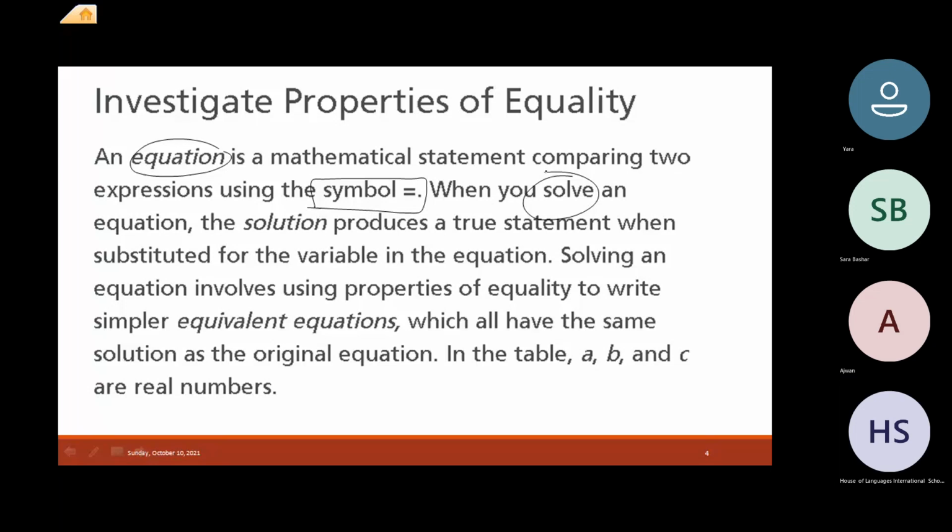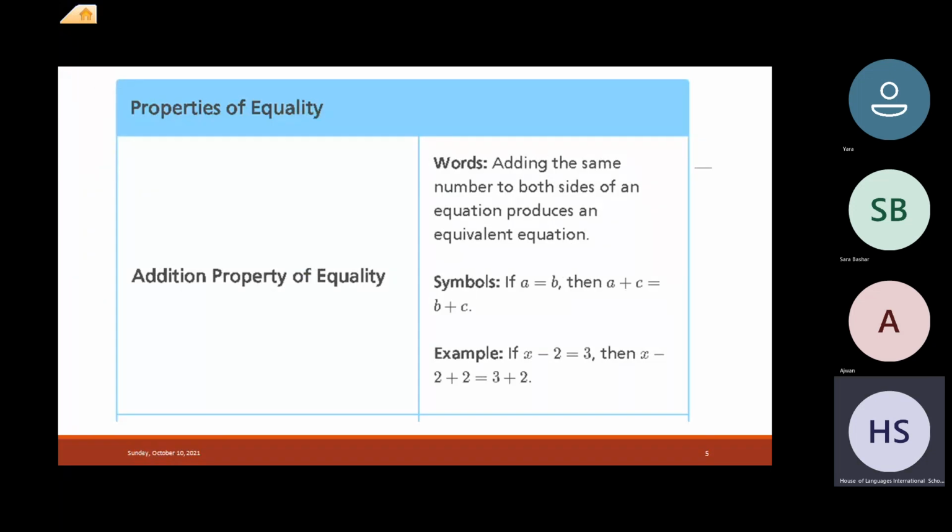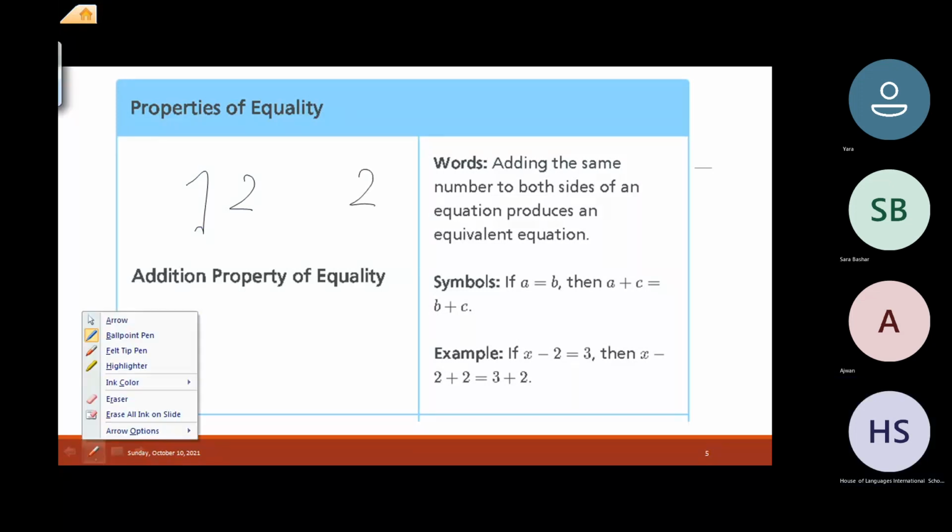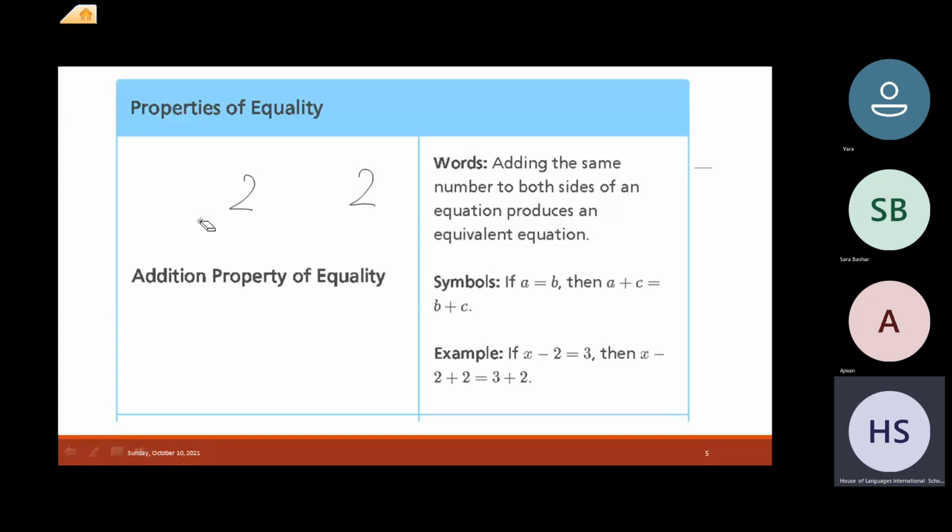Now, let's start with the addition property of equality. What do I mean by it? If you have 2 on both sides, and all of us know that 2 is equal to 2, if you add 5 to both sides, it's like a balance.